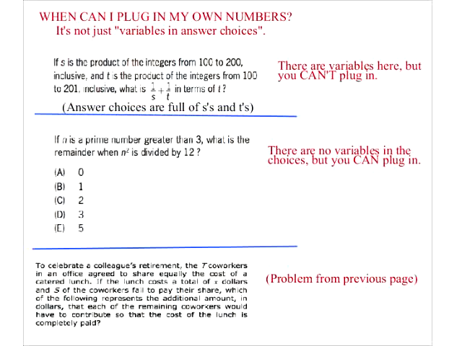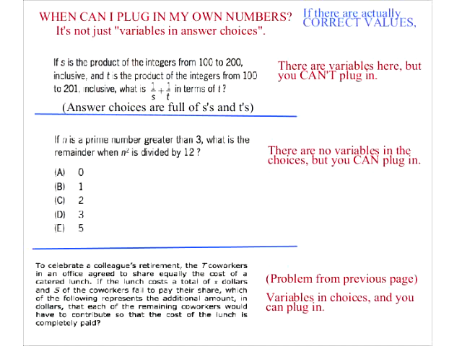So that's the real issue. The real issue is if there are actually correct values, then you cannot plug in. Because when you plug in, what you're doing is basically making up a random value for a variable. And so if there are correct values, then it doesn't work.